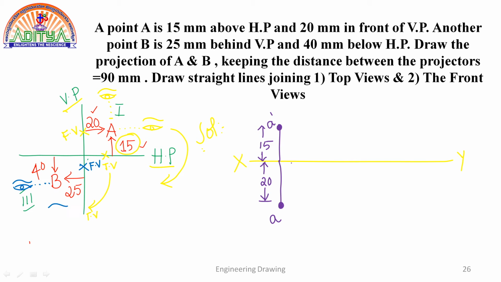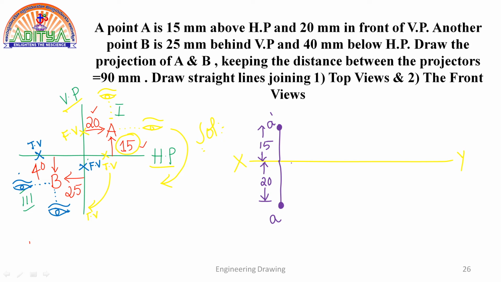And if you are seeing this given point B from top view, where is the top view projected? The top view is projected on a horizontal plane. So front view is on the vertical plane and top view is on the horizontal plane.